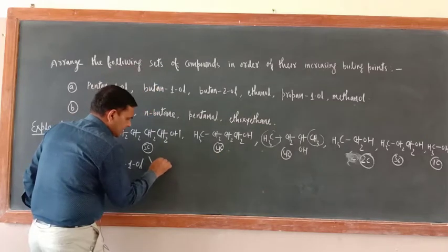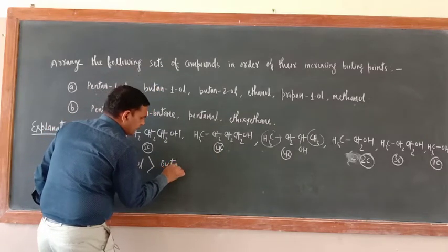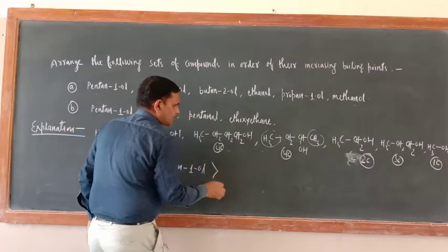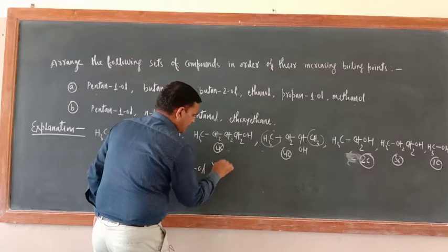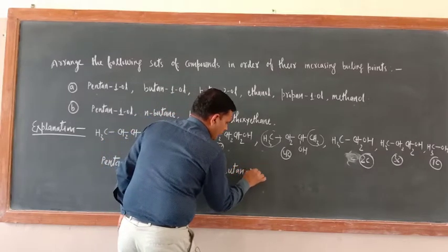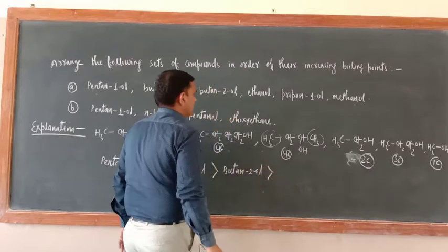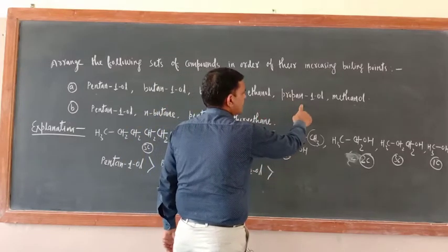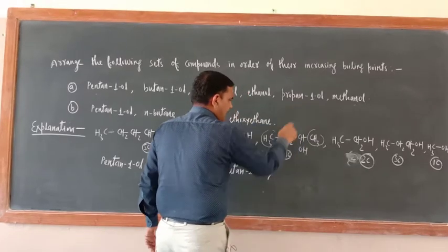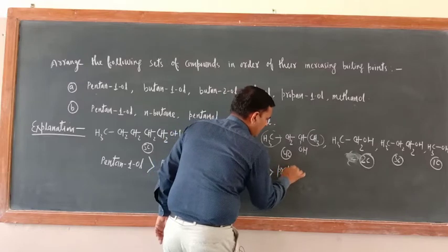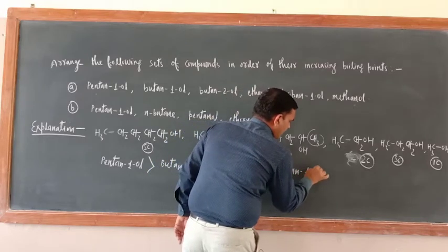So next one is butan-1-ol, then butan-2-ol. Next, this one has 2 carbons and this one has 3, so greater the number of carbon atoms, higher the boiling point. So here propan-1-ol.